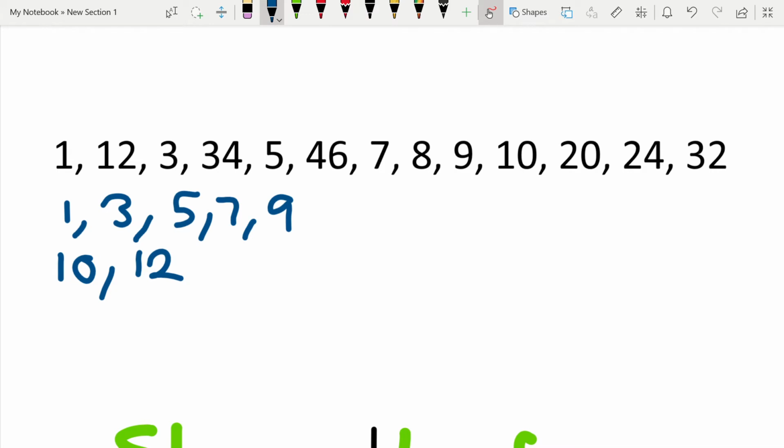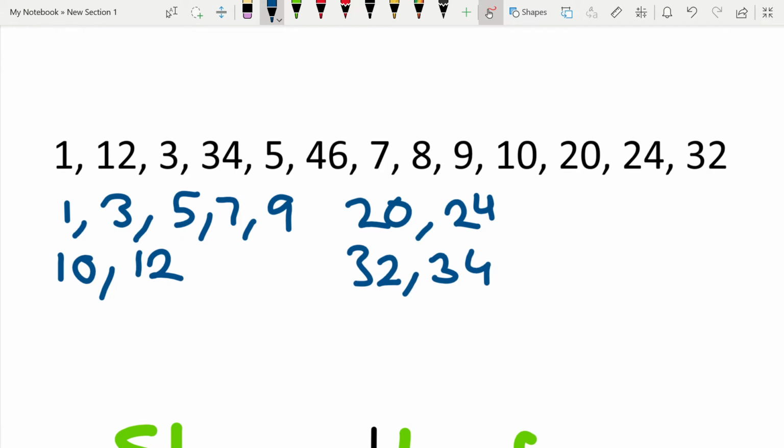We've got 20 and 24, and none others. Now, the numbers between 30 and 40. We've got 32, and we've got 34. Now the numbers between 40 and 50. We've got one and only 46.